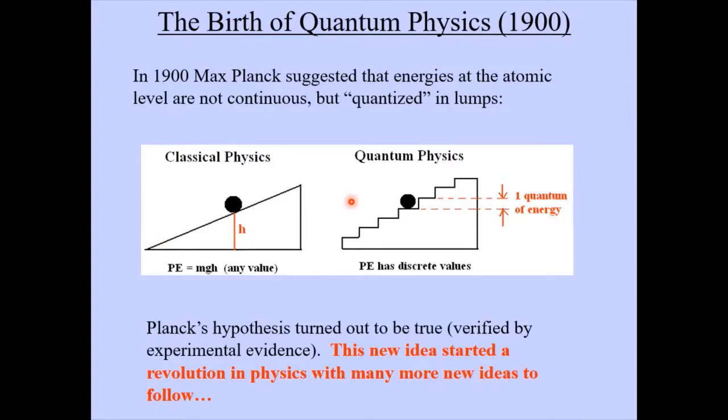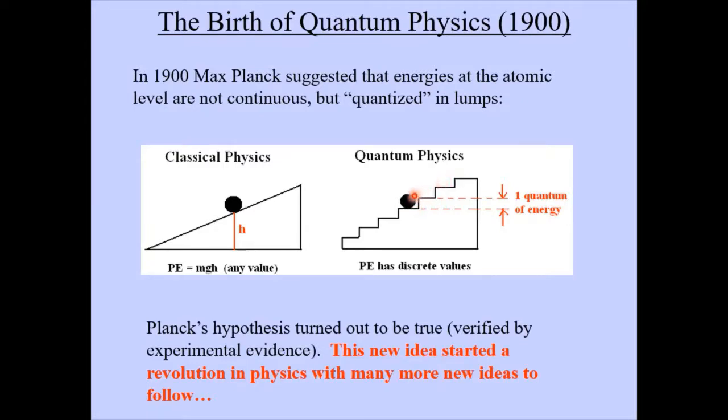But what Max Planck said is that down at the atomic level, this is not true. In fact, at the atomic level, Planck suggested that the energy levels are like stair steps, in that if we had an object, now this wouldn't be a ball, this would be something like an atom or even an electron in an atom, that electron would be sitting on one of these steps.